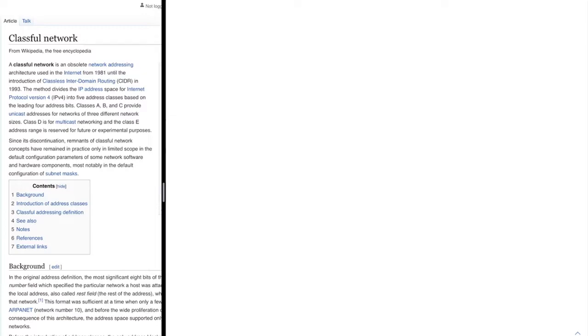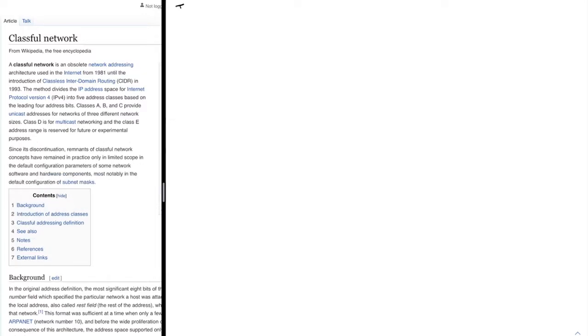We have a Wikipedia page about the classical network. As we mentioned before, currently we use IPv4, version 4, as our major IP protocol, right? And IPv4 has 32 bits to represent an IP.